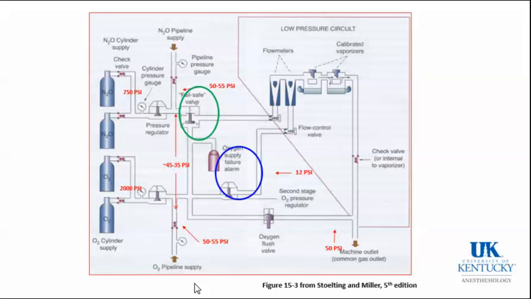However, if the tank is open, the tank supplies a pressure of around 45 psi, and therefore if the wall oxygen pressure falls below 45, the tank will automatically start supplying gas to the system, and it will not sound this alarm.